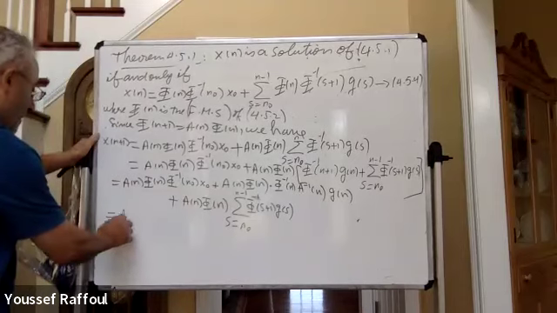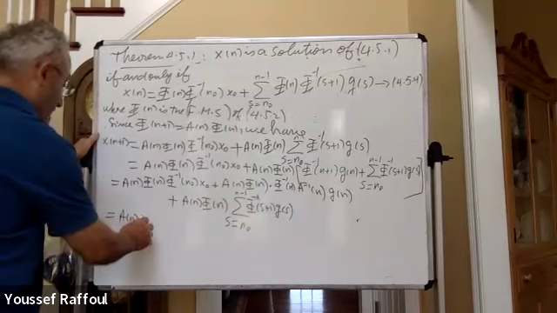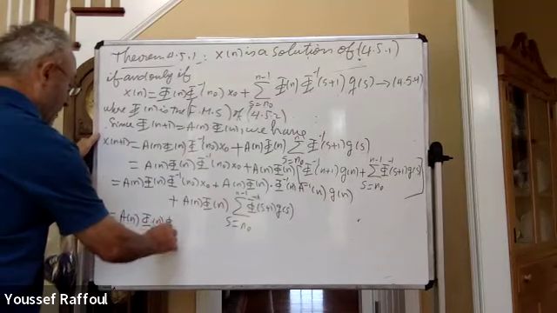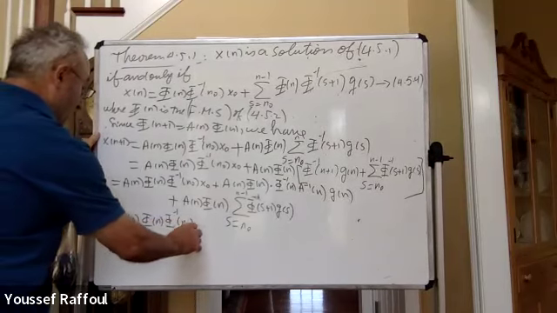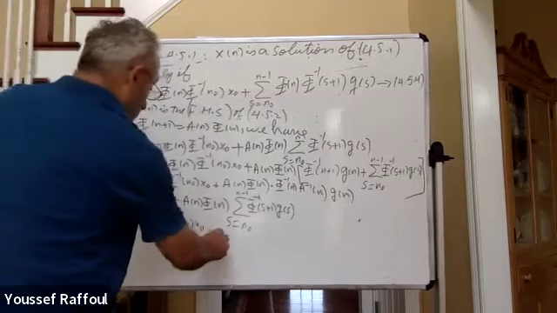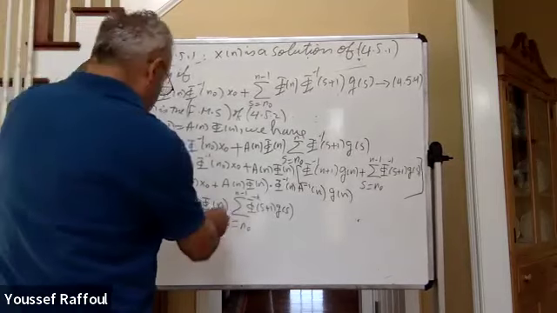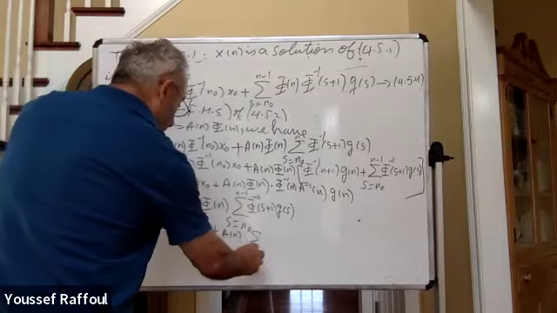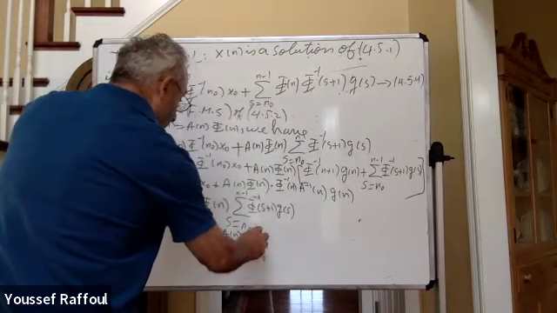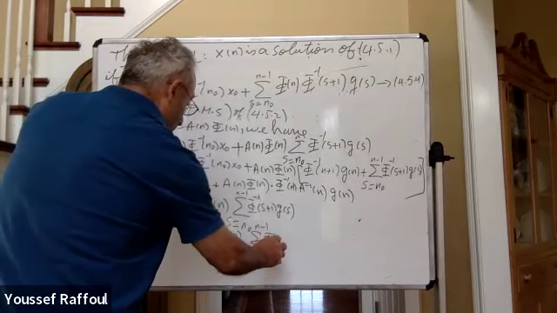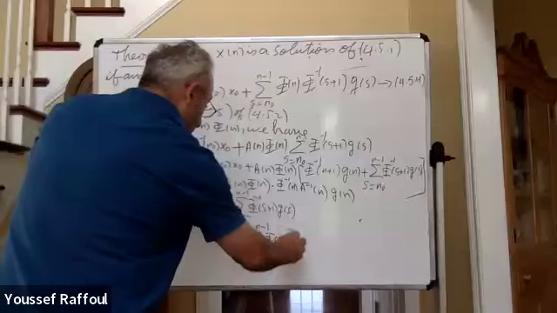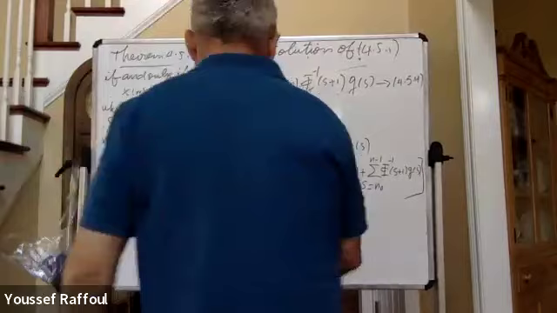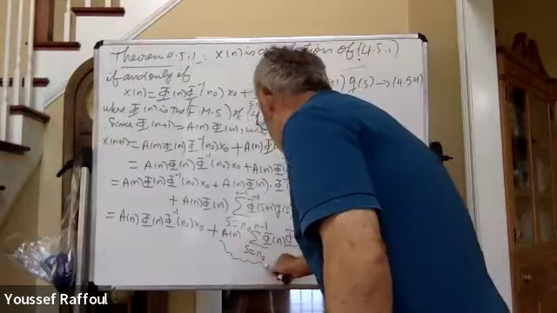So this is an phi n phi inverse of n naught x naught plus, let me do this one, an summation s equal n naught to n minus 1 phi n phi inverse of s plus 1 g of s.